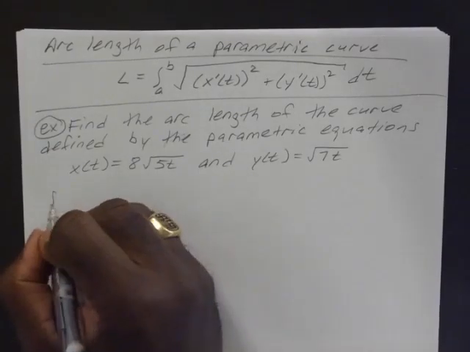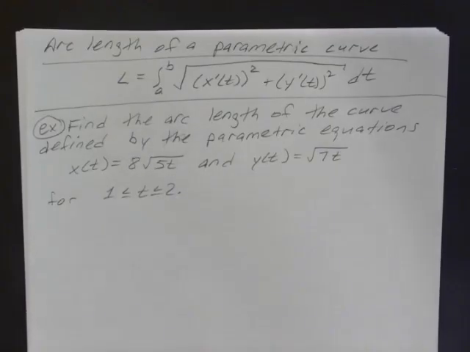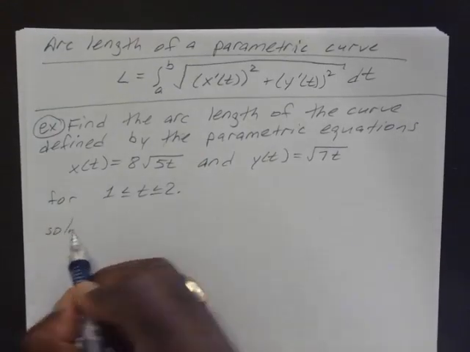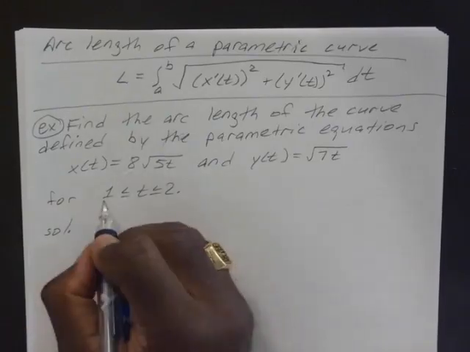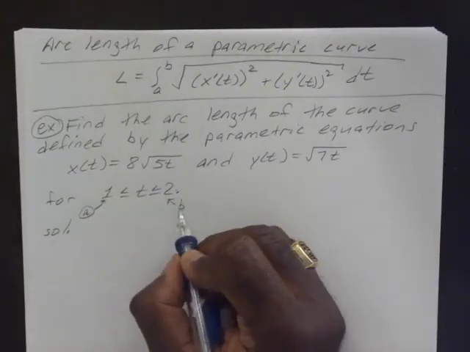Okay, and we know that's for the interval from 1 to 2. We know that's our a and that's our b.